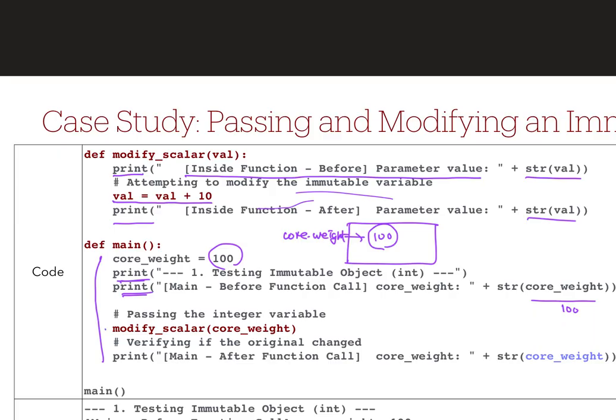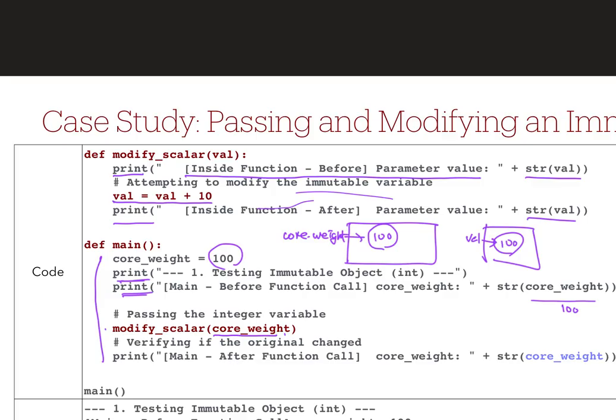When I call this modify scalar function and provide core weight, in some other languages, the value 100 is copied and that 100 is given to the parameter. It will copy that 100 in your memory, and this value 100 is given to this VAL. VAL receives this 100 value. That's what happens in some other languages.